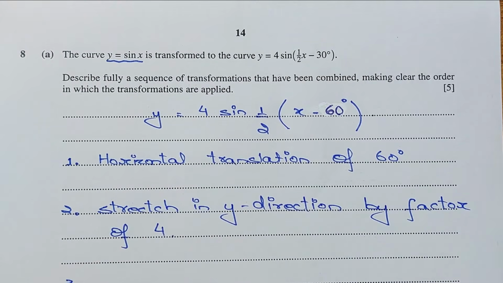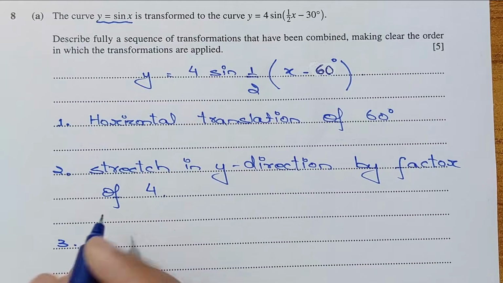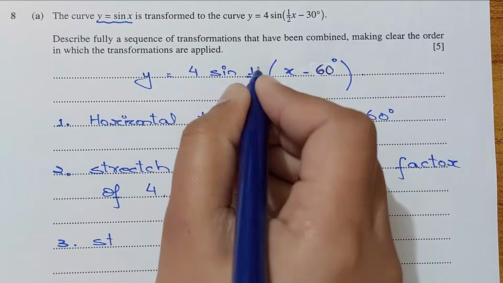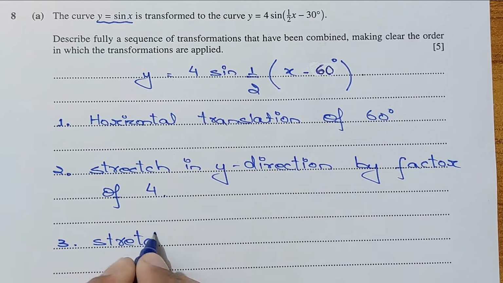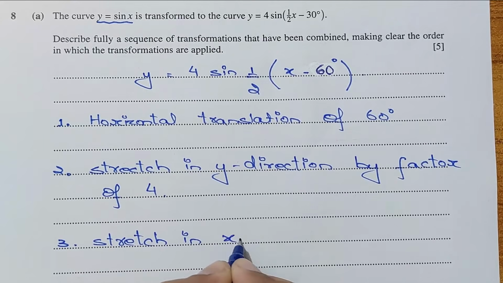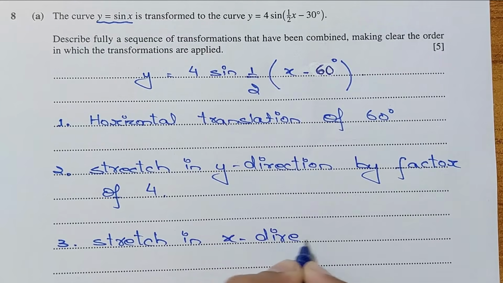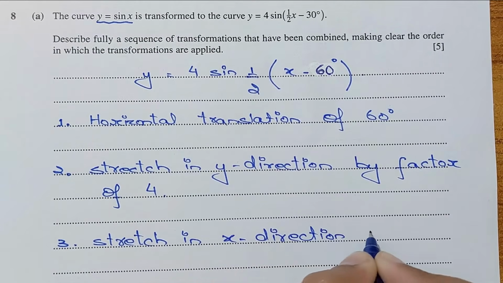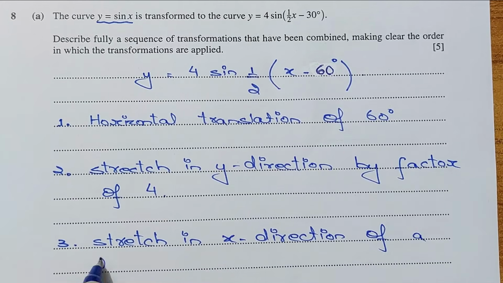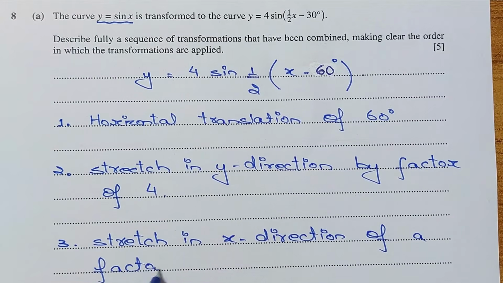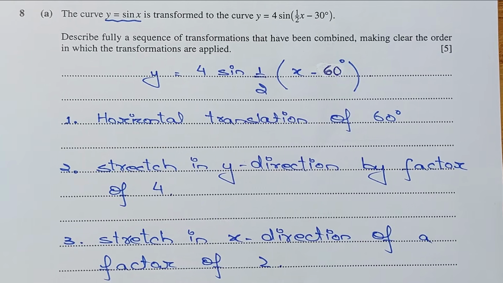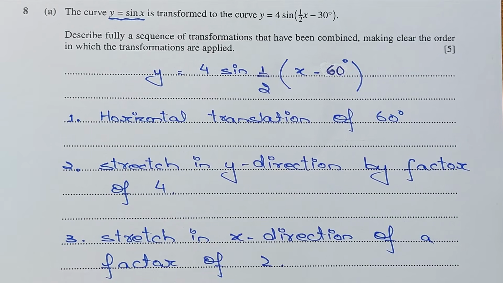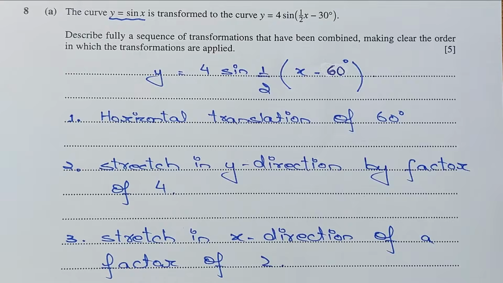And the third transformation applying over here is a stretch in x direction by a factor of the reciprocal of 1 by 2, which is equal to 2. So these are the three transformations, in order, that we apply on the base function to get the transformed function.